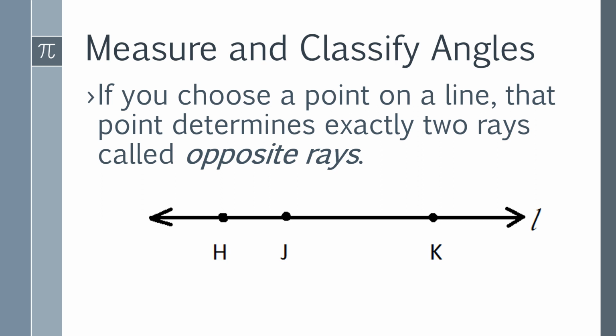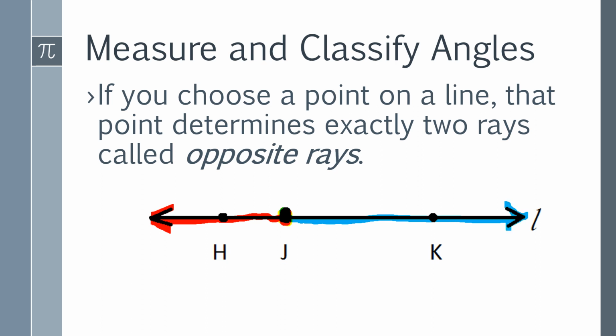Okay, so if we have a line, and we choose a point on the line, let's say point J, there are two rays that go in opposite directions, right? So we would have a ray going this way, and then another ray going this way.